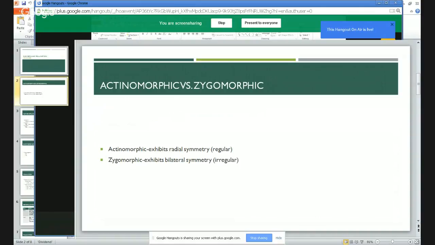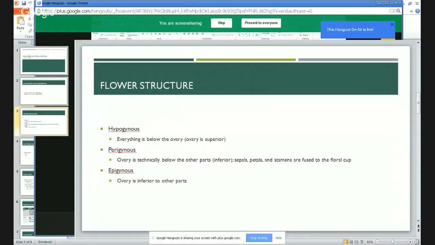So if you look at your diagrams, they should show you these three different versions that the flowers can take. Hypogynous occurs when your ovary is above everything else, or everything else is fused below it, or the actual ovary.